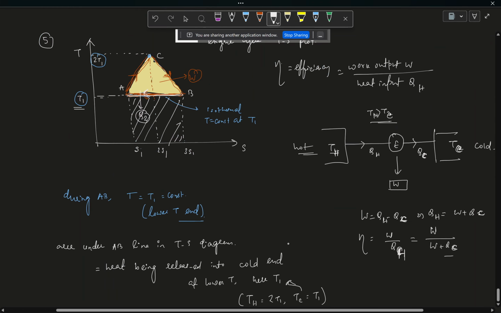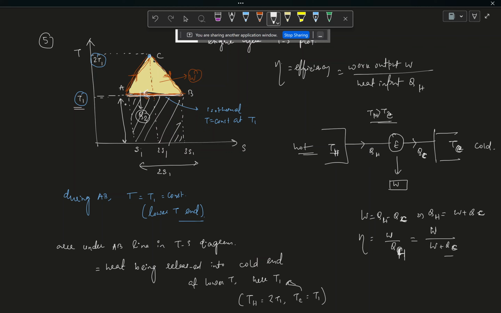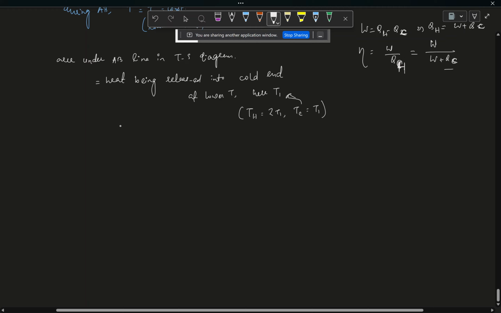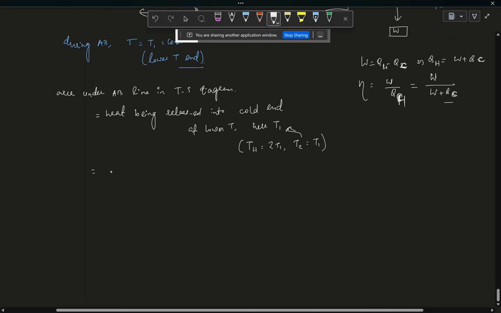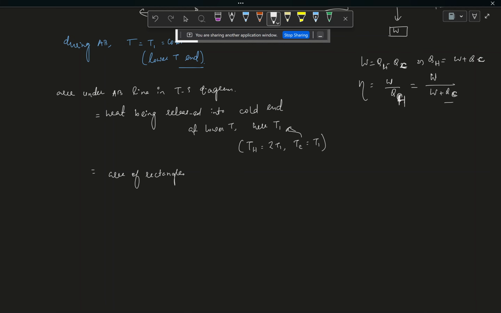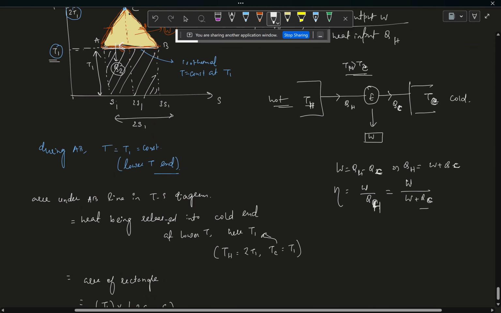This is simple because this is just the area of a rectangle which has one side as 3S1 minus S1, which is 2S1, and the other side is just T1, which is the height in this case. So this is 2S1 T1.